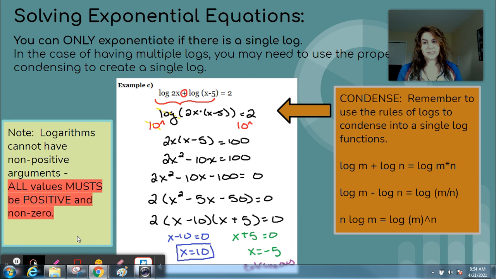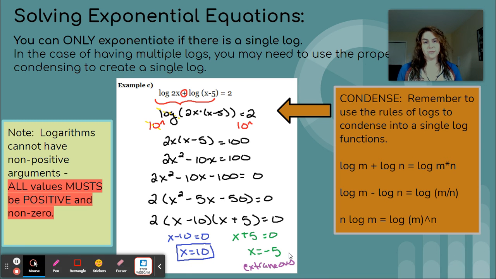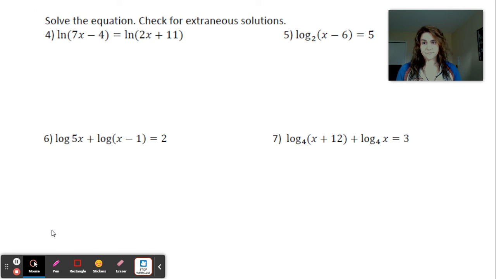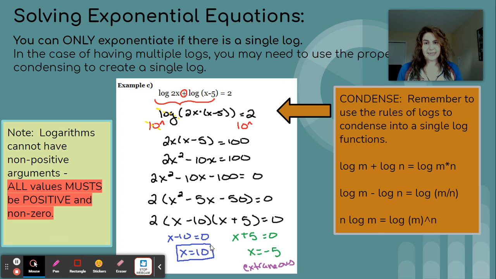A little side note, all logs have to have positive arguments. So if you end up with a value like this one, like in this case, where we got 10 and a negative 5, if I was to plug these back in and I find out any of the arguments end up being negative, that's an extraneous solution.